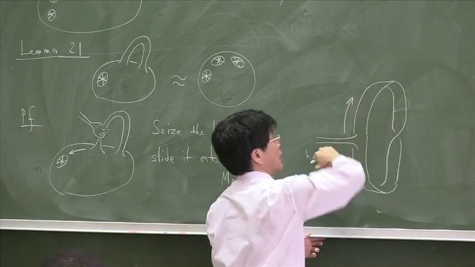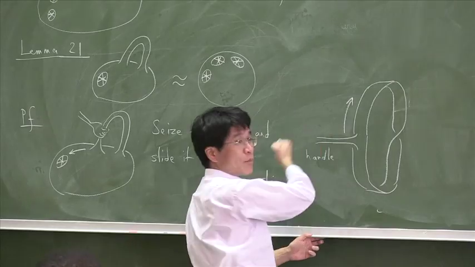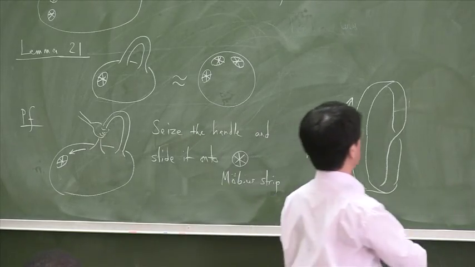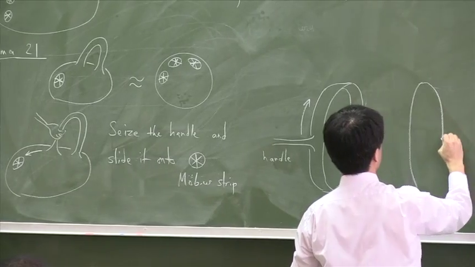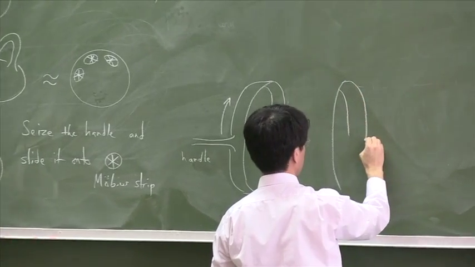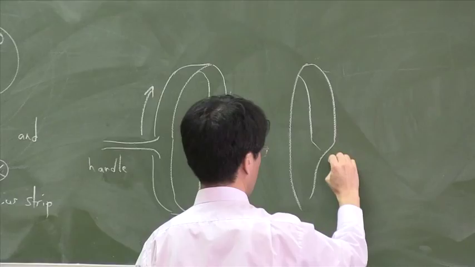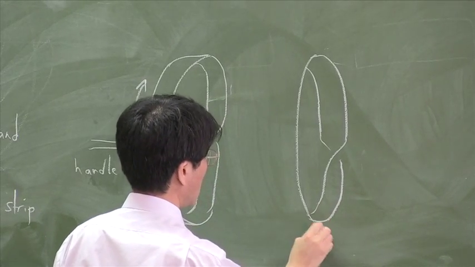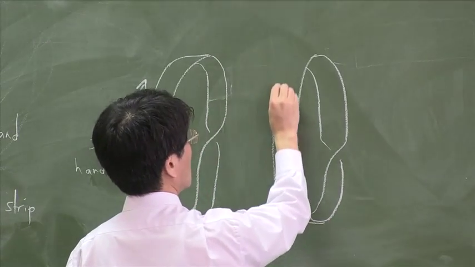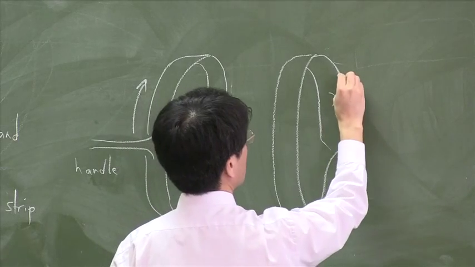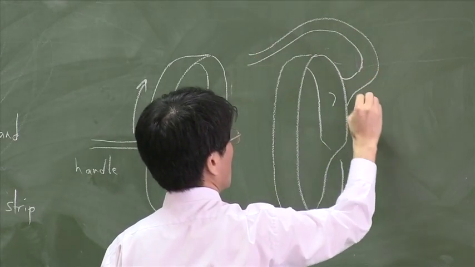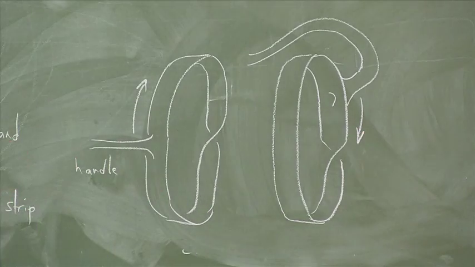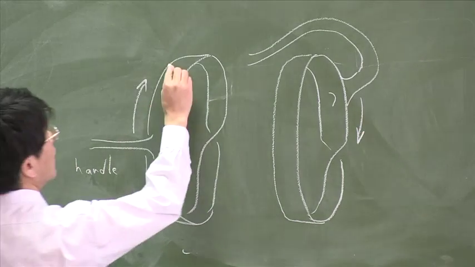Let's slide this handle all the way around the Möbius strip once. What's going to happen? Well, the next picture is going to be this. The handle comes here. It's sliding and sliding. You see?